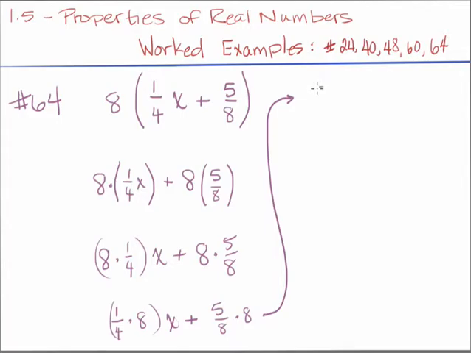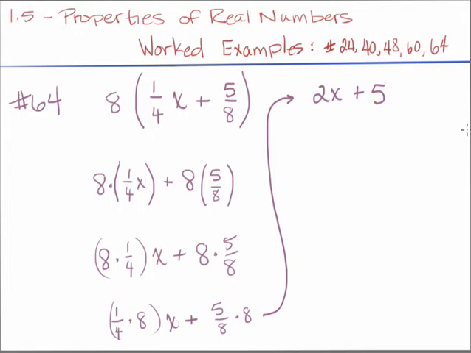What's 1/4 of 8? It's 2. 5/8 times 8 means 5/8 of 8. Well, what's 1/8 of 8? 1/8 of 8 is 1. So 5/8 of 8 must be 5 times 1, or 5.